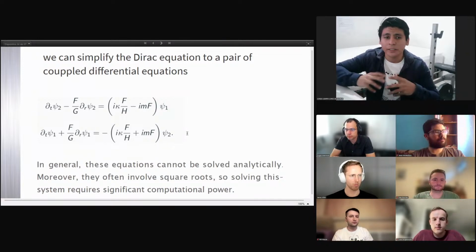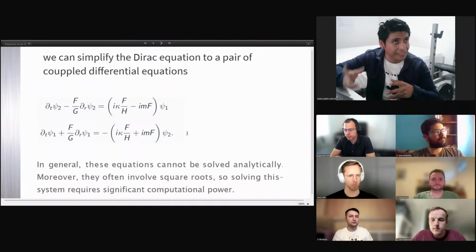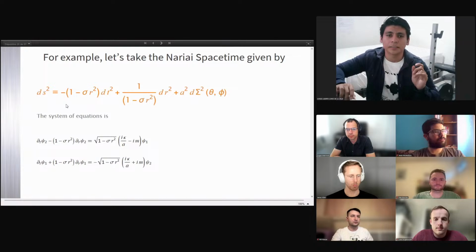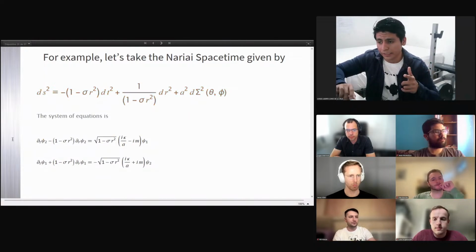So I want to find another equivalent system that is easier to handle. All right. So, for example, let's take this Nariai spacetime. Here is one particular spacetime. The two equations before look like this. These two equations here.